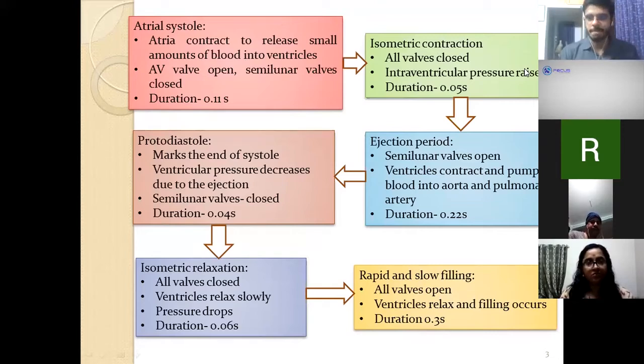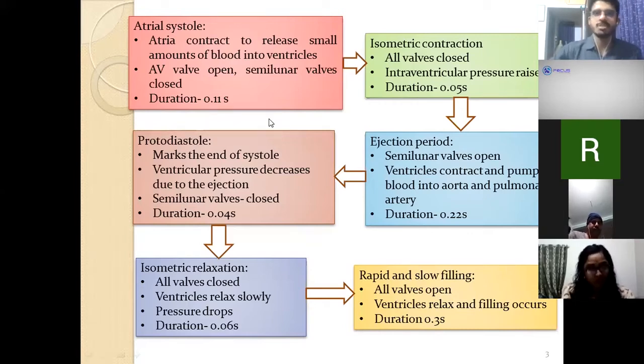So in the ejection period, the ventricles contract and the blood is released into the major vessels. After this is a phase called proto-diastole. Proto-diastole means the systole has ended.